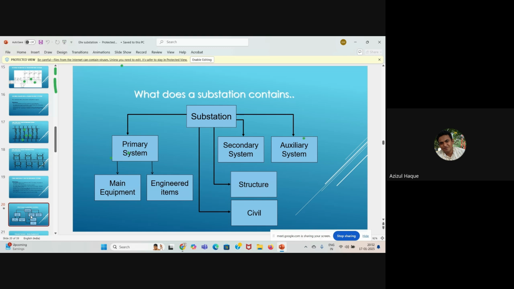In a substation, there are primarily three systems: one is the primary system, another is the secondary system, and another is the auxiliary system. Let us see what the components of each system are and how they work. Okay, ma'am, next slide.